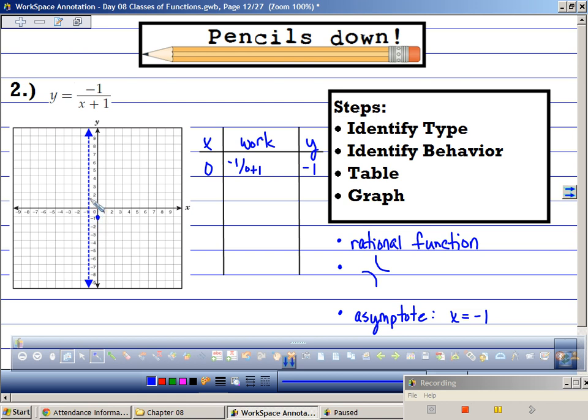It's either going down this way or up this way. But I really don't need to put that in my table because I know it's going one way or the other. Let's see which way it's going depending on what I get when I plug in number 1. So let's substitute in 1.